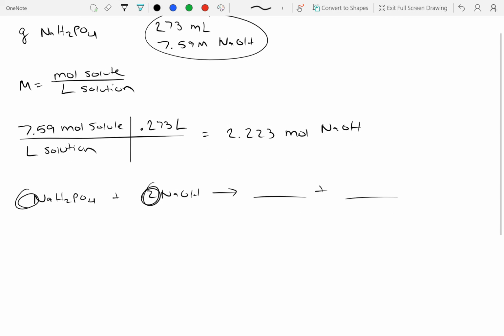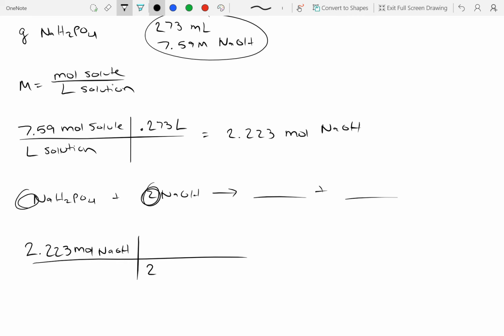So what that means is I could use that in a dimensional analysis setup. So I have 2.223 moles of NaOH. And I know that in my reaction, I have 2 moles of NaOH reacting with 1 mole of NaH2PO4.